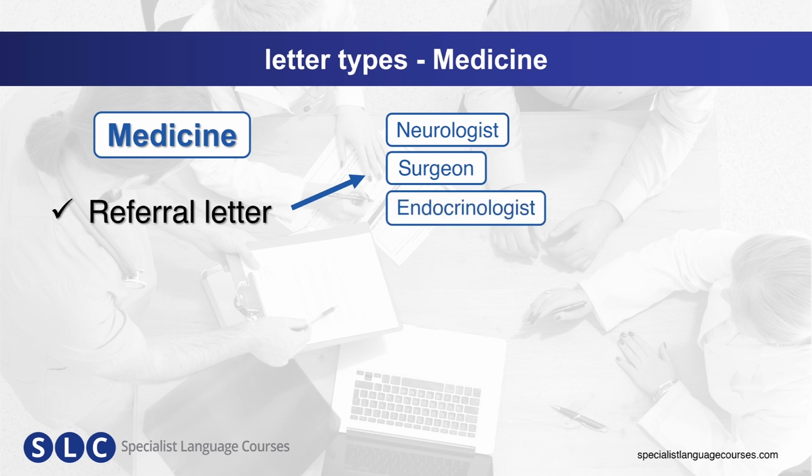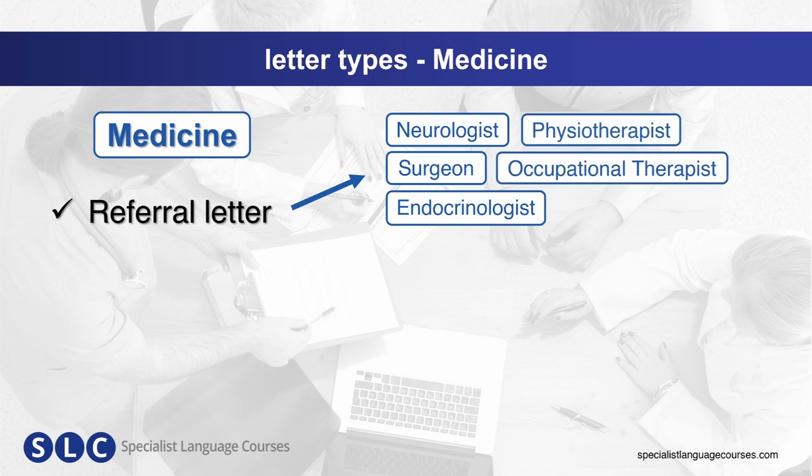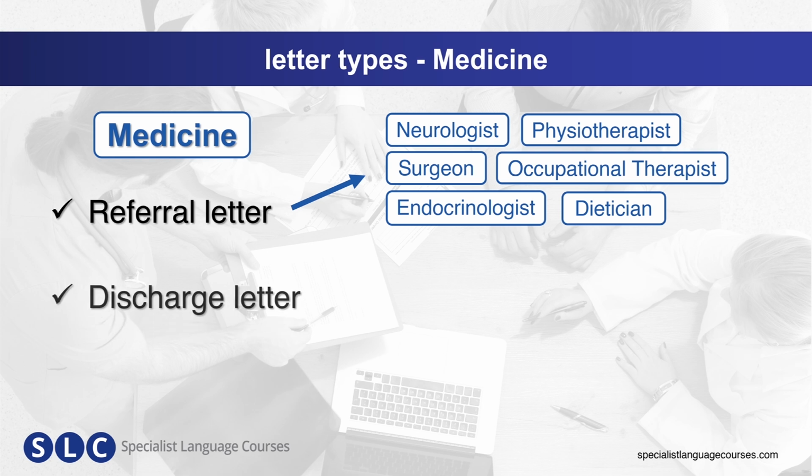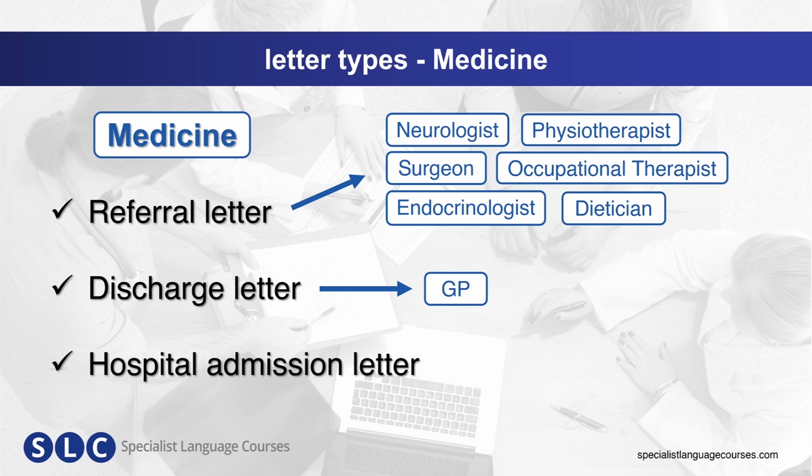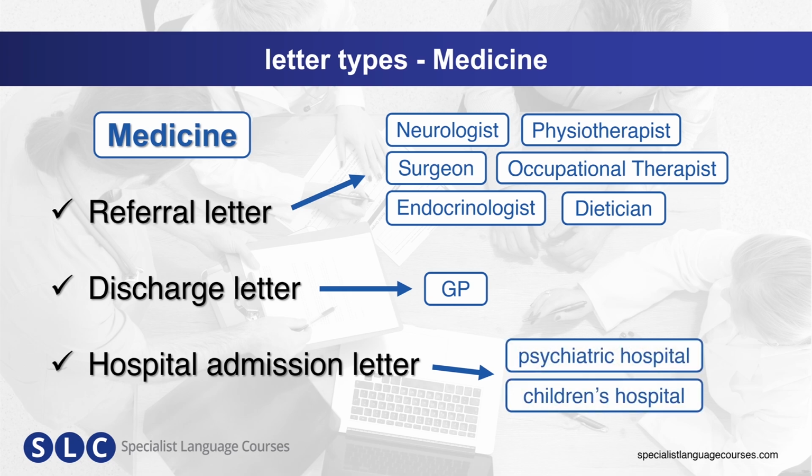Or you might have to write to another healthcare professional, such as a physiotherapist, occupational therapist, or maybe even a dietitian. Discharge letters are usually to the patient's GP, and hospital letters might be for urgent admission, or you might refer your patient to a specific hospital, such as a psychiatric hospital or a paediatric one.